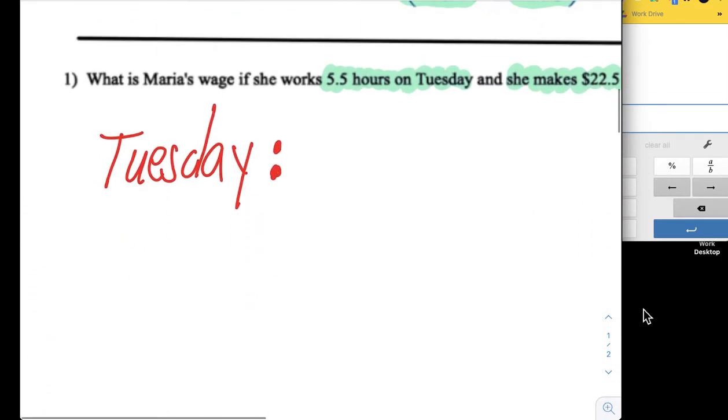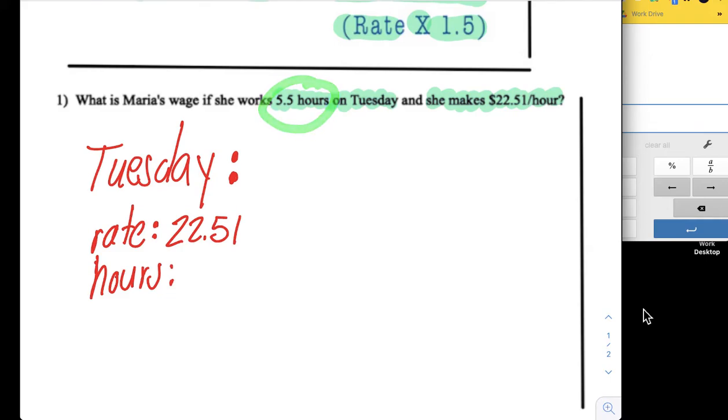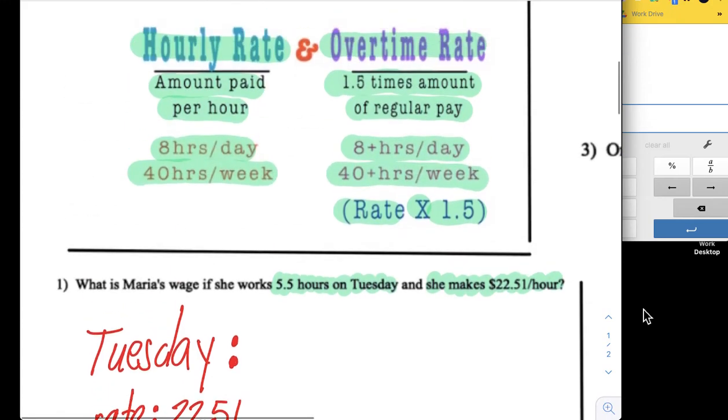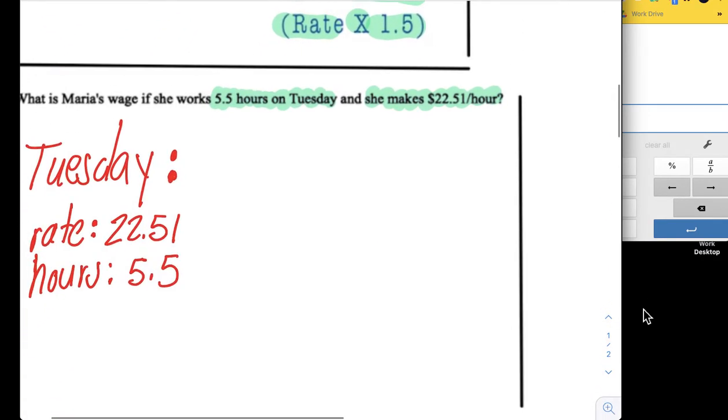So we're going to take the rate times the hours, right? Her rate is how much money she makes an hour, which is $22.51. And how many hours did she work? She worked 5.5 hours. So we're going to take this formula here, rate times hours.